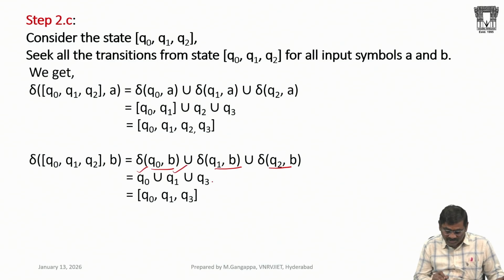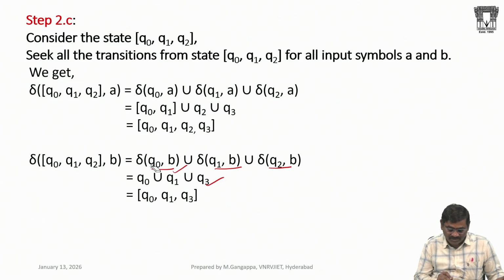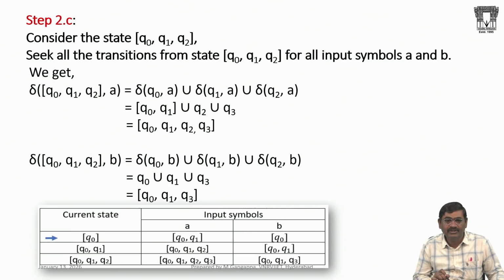Q2 on B, Q3 is the next state on the NFA diagram. So it is better to keep the NFA diagram in every slide so that you can easily understand the transition. After that, we should make all these entries in the table as shown here.